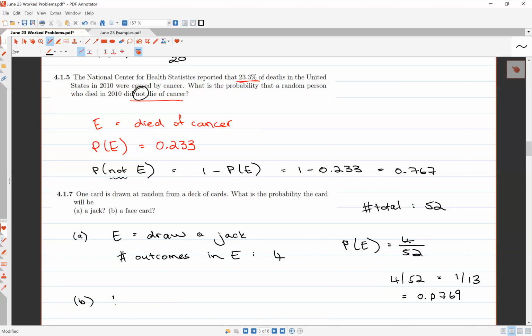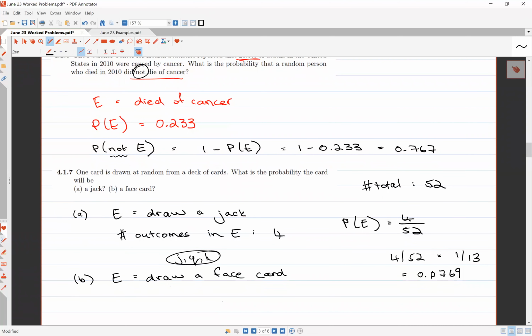Let's next look at part B. Our event E is that we draw a face card. Now, which cards are the face cards? Jack, Queen, King. Those are our face cards. And we know there are 4 jacks, 4 queens, 4 kings.